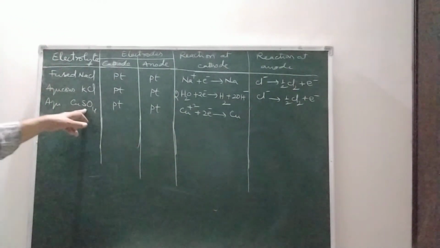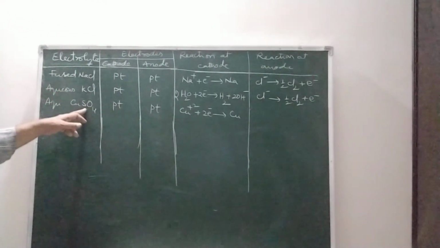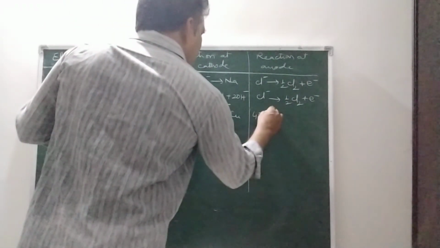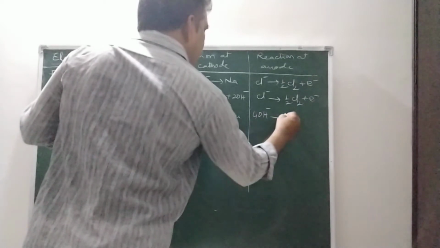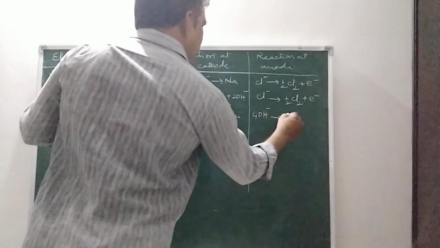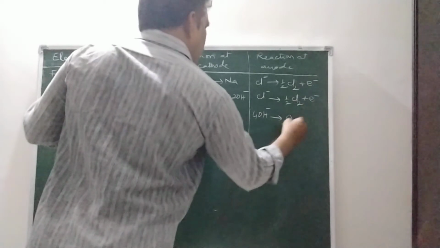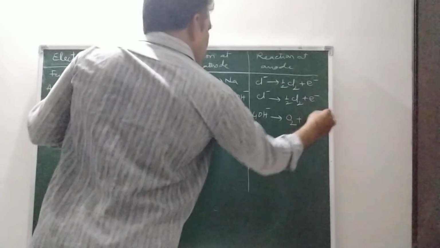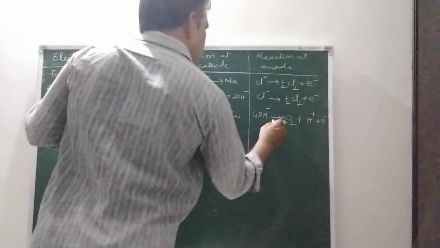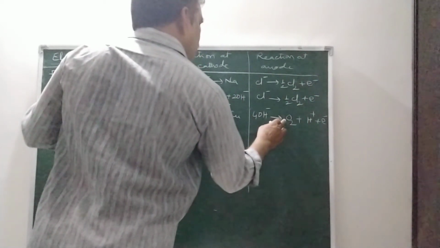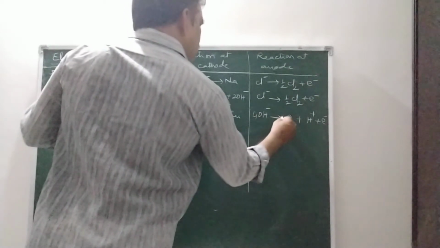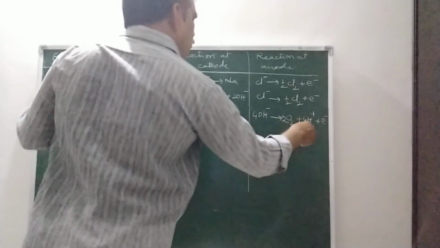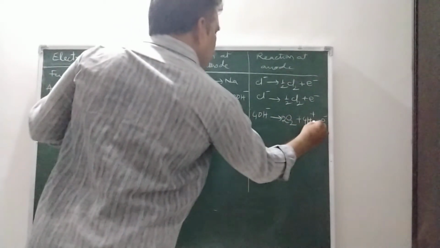When compared with SO4 2- ions, OH- ions have low discharge potential. So, OH- ions discharge into O2 plus H+ plus electrons. So 4 OH- gives 2 H2O plus O2 plus 4 electrons.